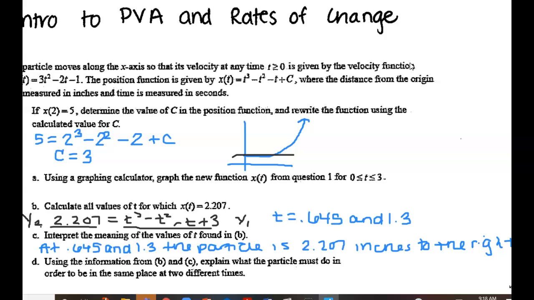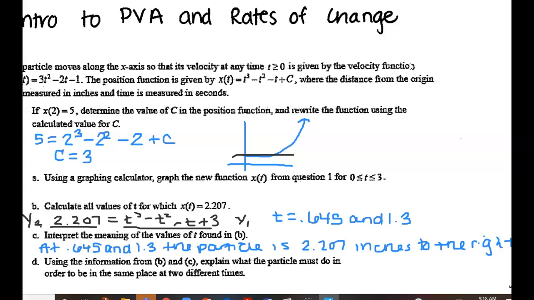Part D, use the information from B and C. Explain what the particle must do in order to be in the same place at 2 different times. So to be in the same place at 2 different times, the particle must change direction at least once during the time interval.